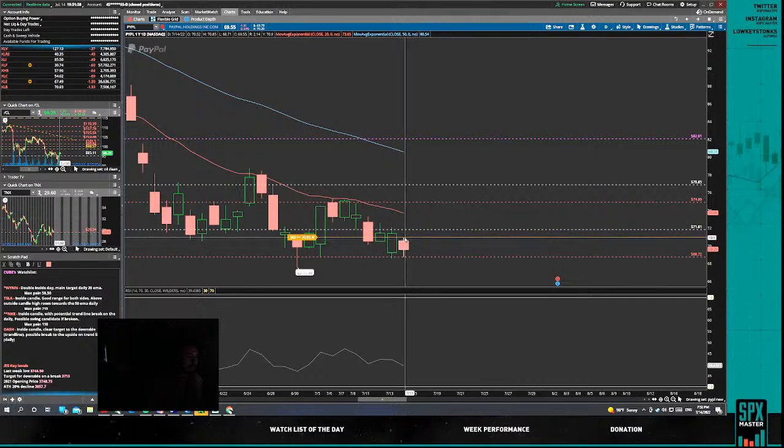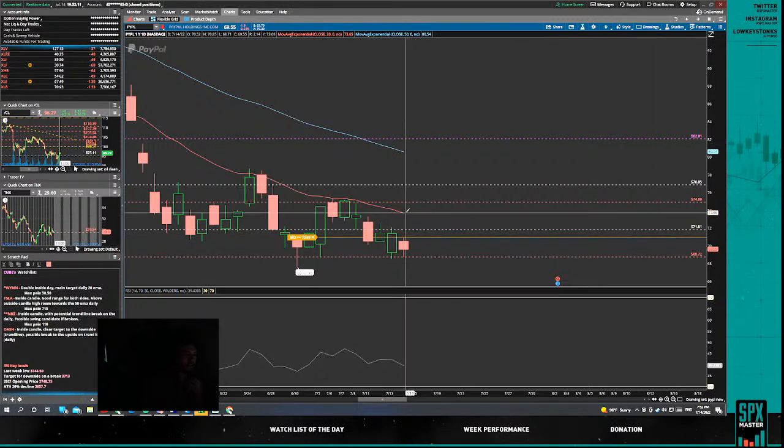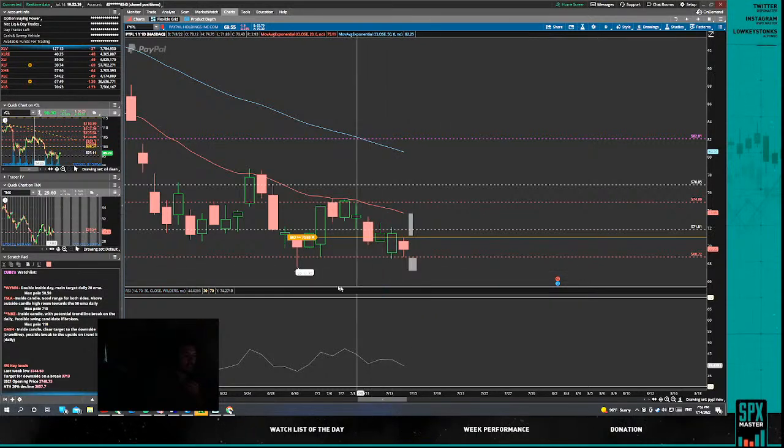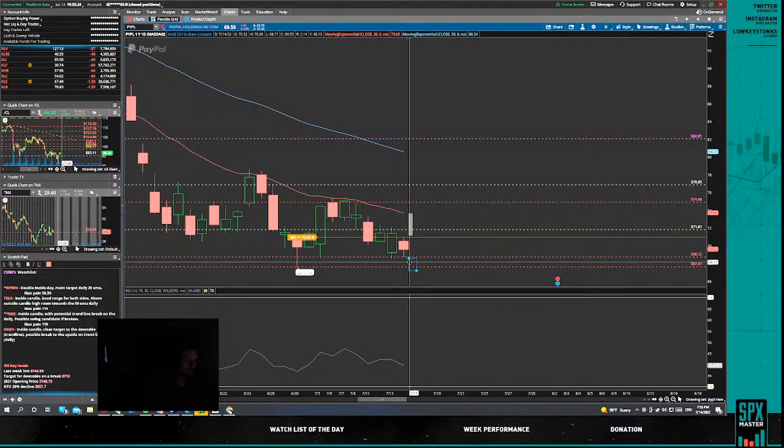So we're gonna keep her outside on top of this candle high on PayPal. And I think if that breaks, I'll give it room into 71.81 into a daily 20. So potential for a candle to be like this. And if it breaks to the downside, then I'll be looking into the last low right here, and I'll be looking at this low right here, and potentially a new low.